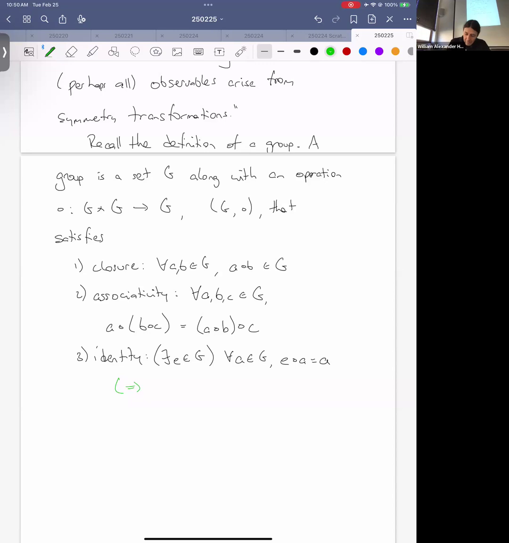One can prove that the left identity is the same thing as the right identity. And four, that inverses exist. For all elements A of our group G, there exists some object that we call A inverse, which is also in the group G, such that A inverse acting on A gives back the identity. And one can prove that this left inverse is equal to a right inverse.